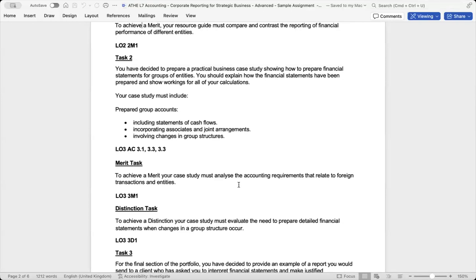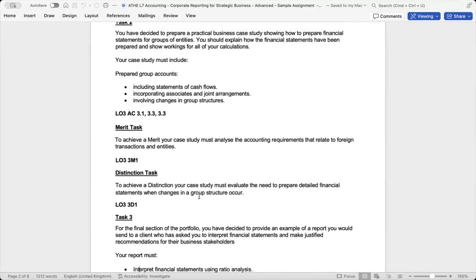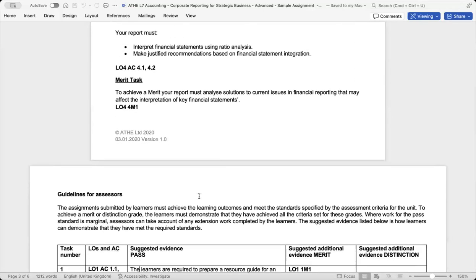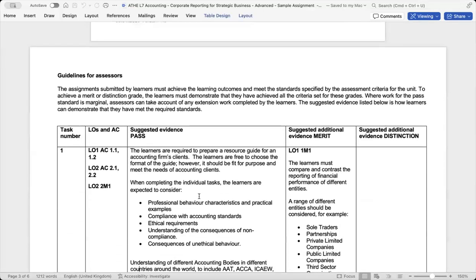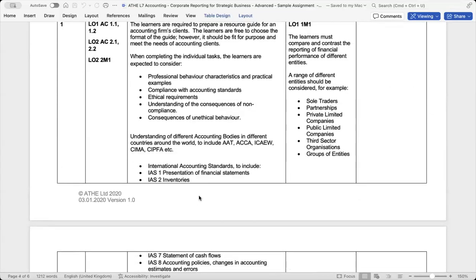So, the resources guide for trainee accountants. Again, pass standards: professional behavior and compliance with accounting standards. Explanation of the importance of professional behavior in accounting, including integrity, objectivity, and professional competence.